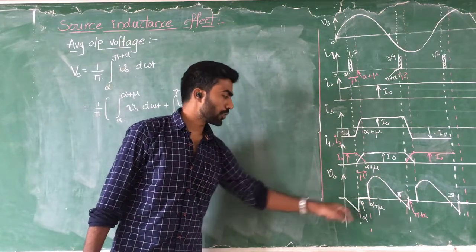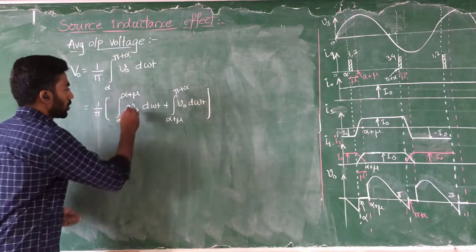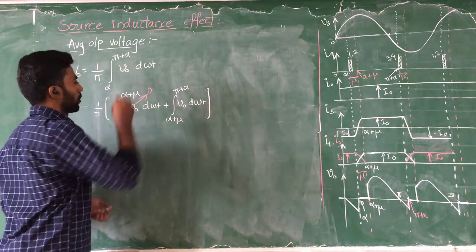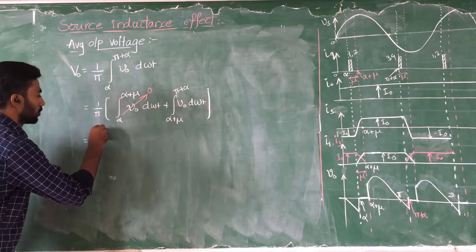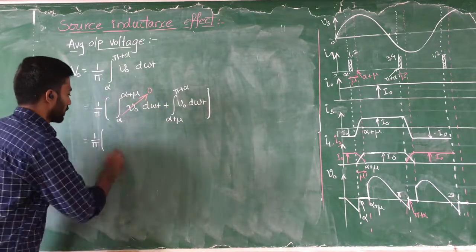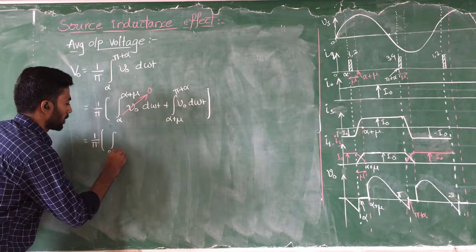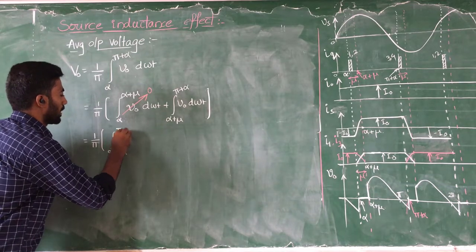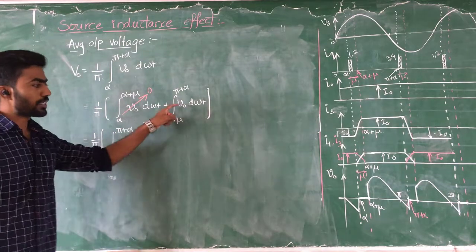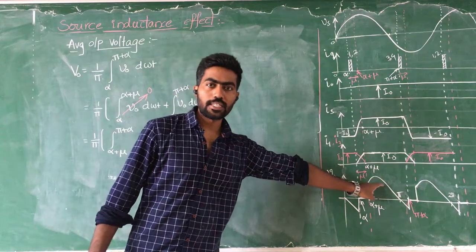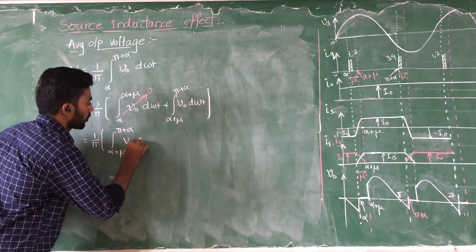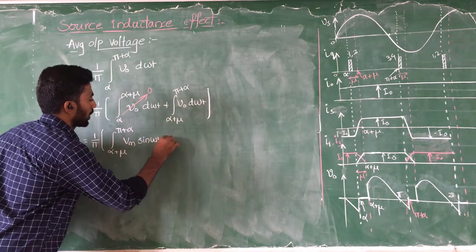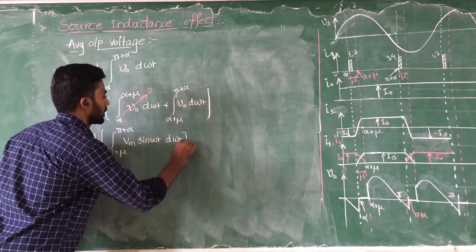V naught is 0 volt. So now 1 by pi integral from alpha plus mu to pi plus alpha, where V naught is equal to the supply voltage, Vm sin omega t d omega t.